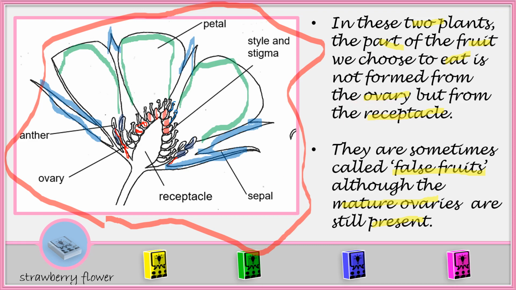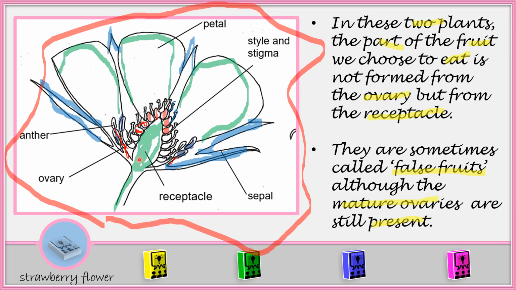And where is our receptacle? Our receptacle is this middle part here, where you see the ovaries attached. It is the one that is going to form our fruit. And when you see a fruit, that fruit is going to be called a false fruit. Why is it called a false fruit?